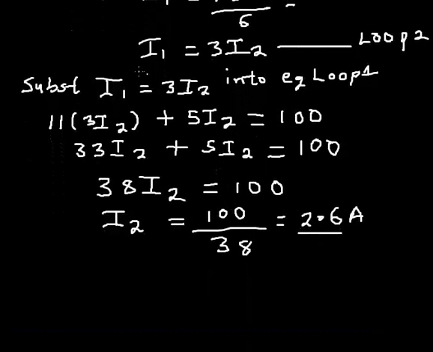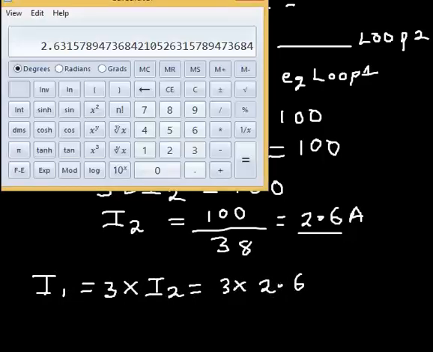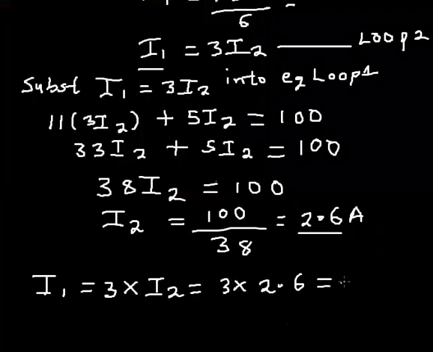Remember from loop 2 we said that I1 is equal to 3 times I2, so 3 times 2.6, which is 7.8 ampere. That is I1.